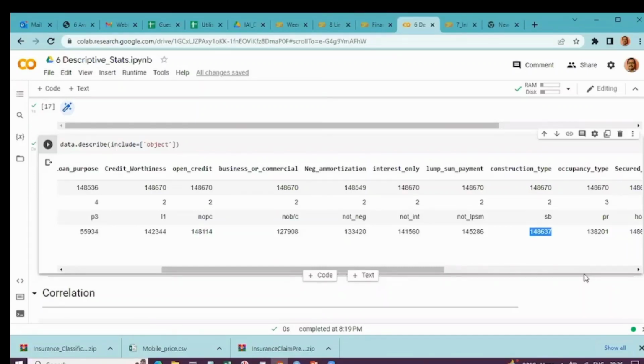One, if you say, no, this variable is a very important variable for me because theoretically I know that the construction type plays a very important role in terms of finding whether the person will default or not. In that kind of a case, better try to collect some more data so that you can still go ahead using the construction type.